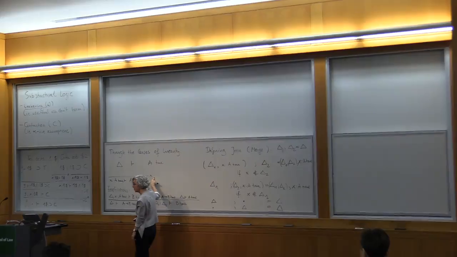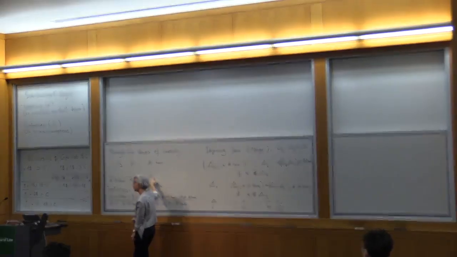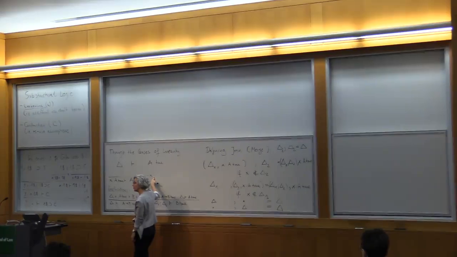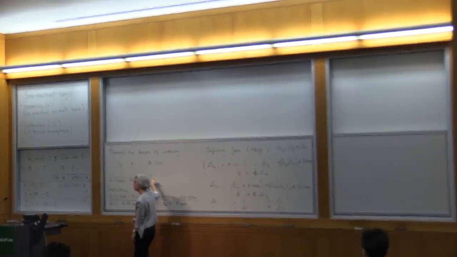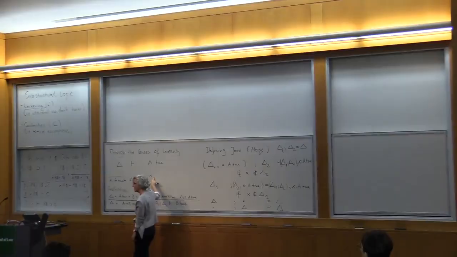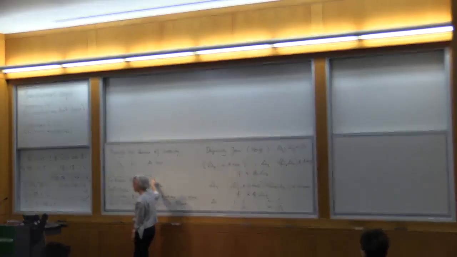Can you maybe do a tiny example? I'll do a tiny example when I talk about the conjunctions, because right now the only example I can do is A implies A. That's a tiny example, but not very interesting.